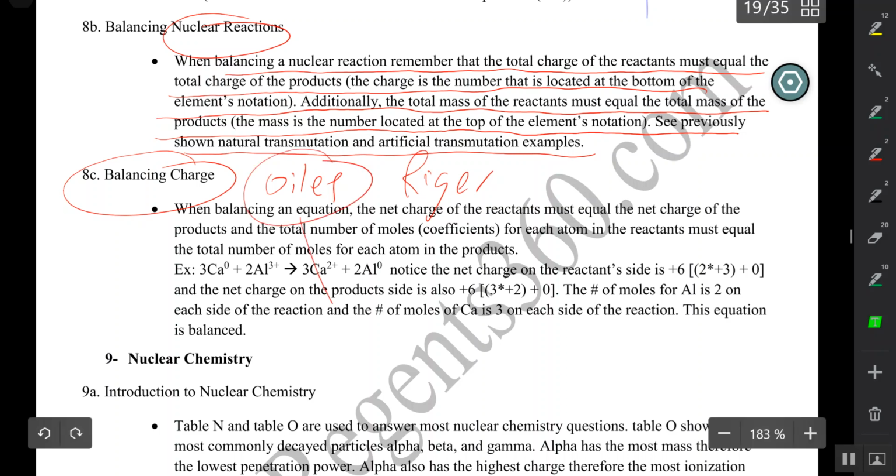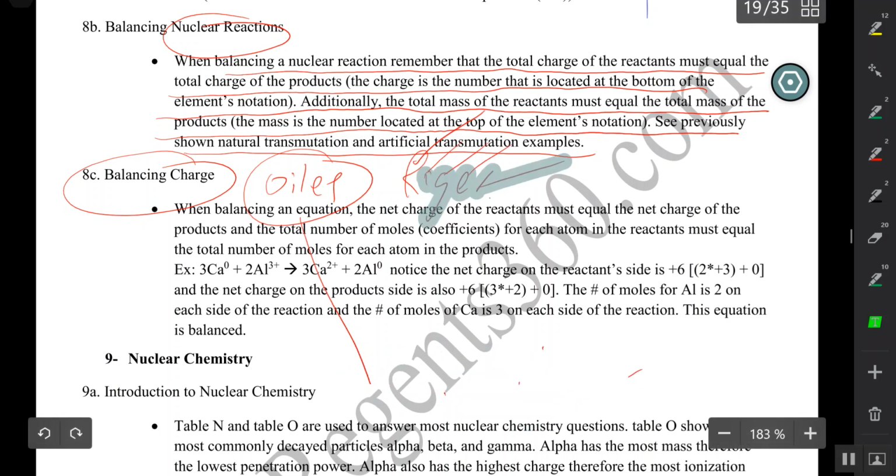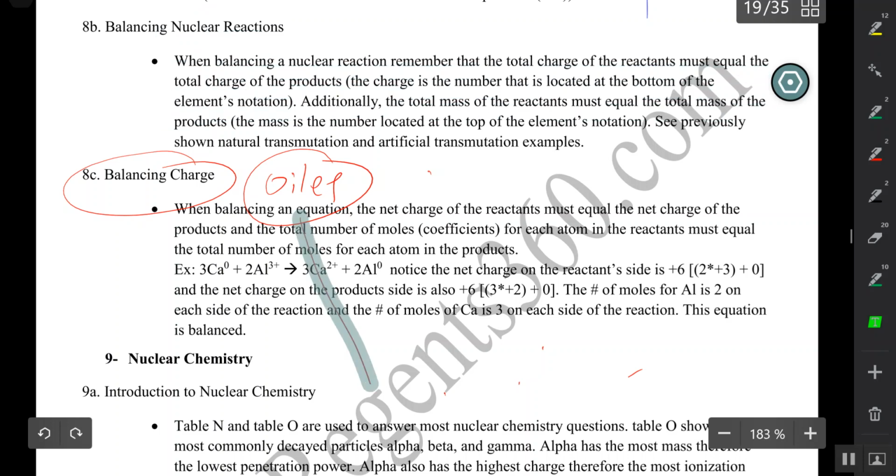Because it tells you that oxidation is losing electrons at the product side, P for products, while reduction is gaining electrons at the reactant side. So oxidation is all about losing electrons, and reduction is all about gaining electrons.